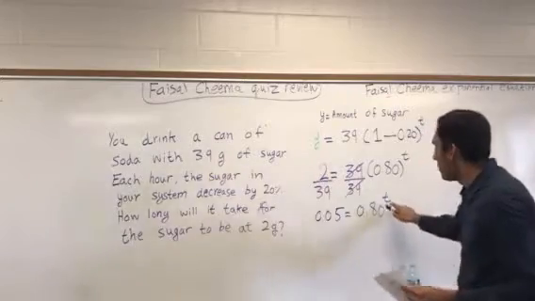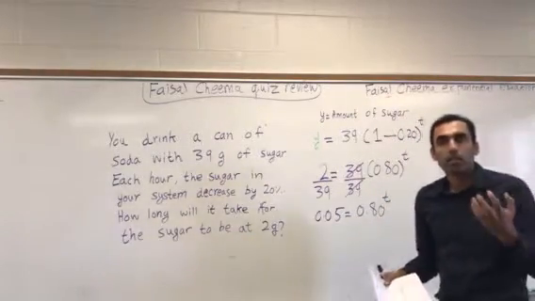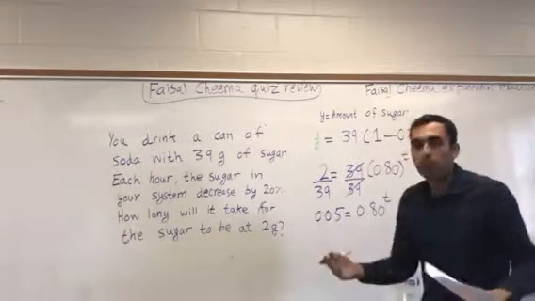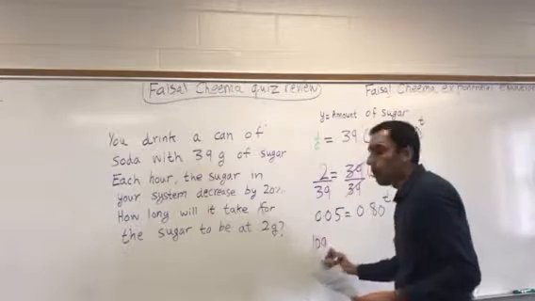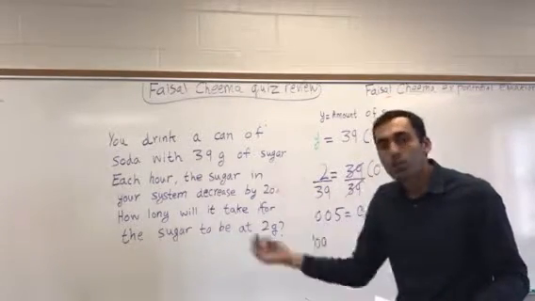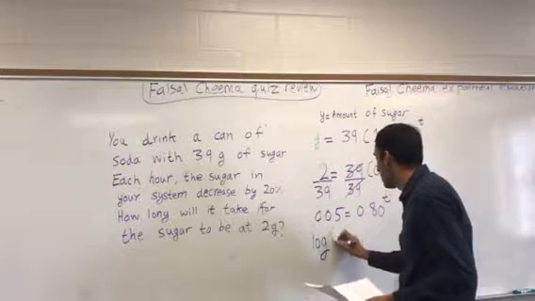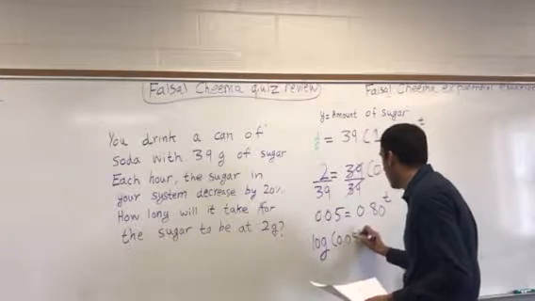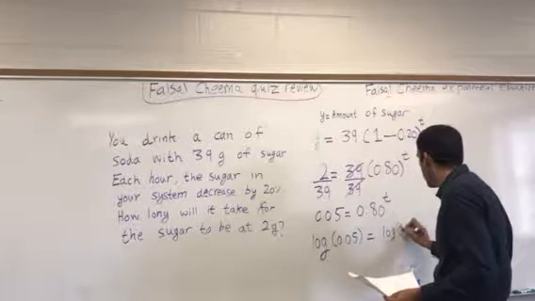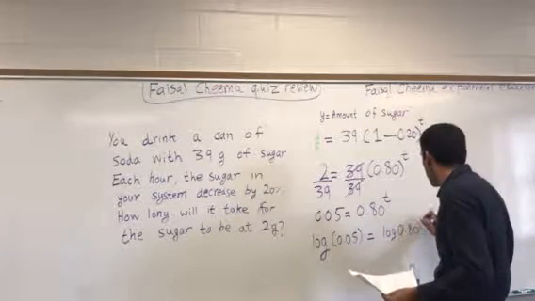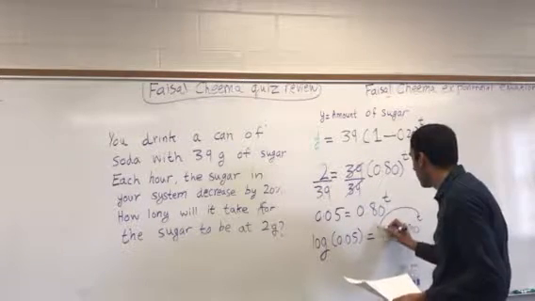So now, the most important thing is to get rid of this exponent. And to get rid of exponents, we use logs. And if you're going to do a log of one side, you must do it to the other side as well. So log both sides: log 0.05 equals t times log 0.8, and that t would go up here.